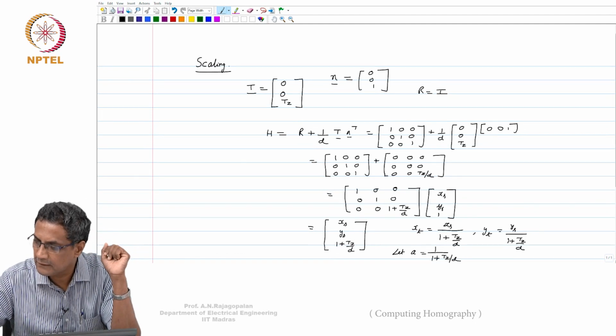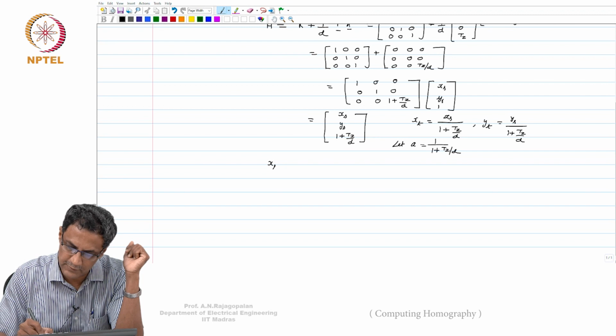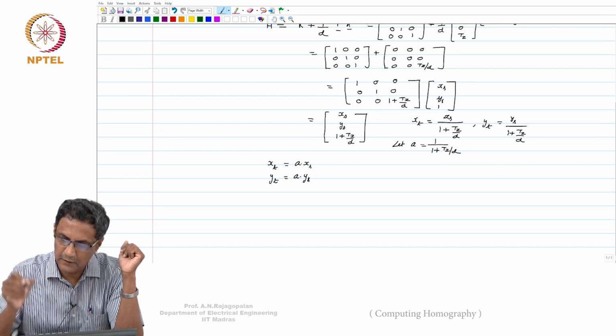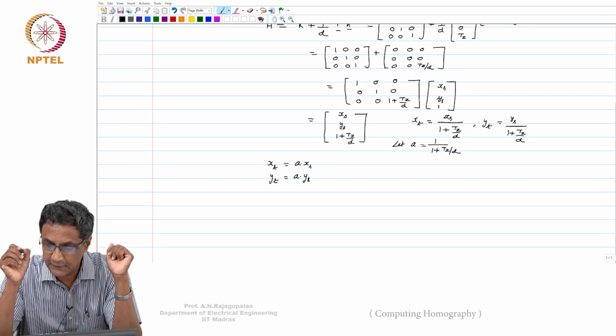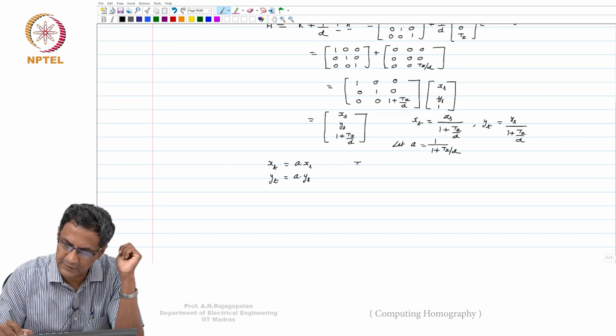Then we are back to the equation that we talked about: xt is equal to a times xs, yt is equal to a times ys, and a is of course 1 by 1 plus tz by d.